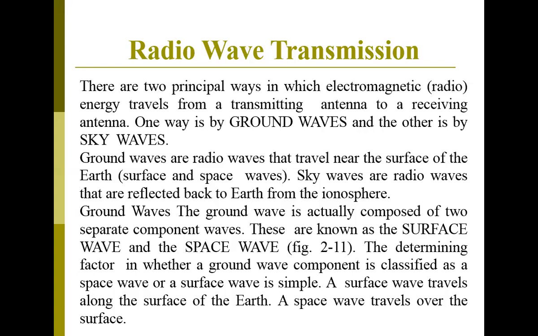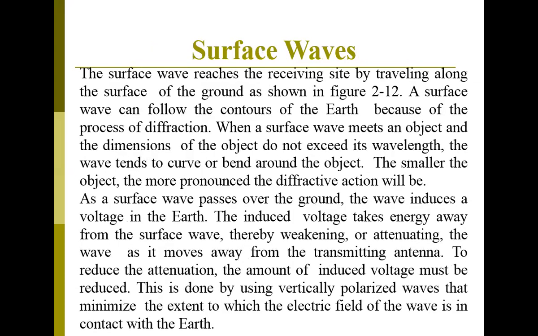We know that ground waves travel near the surface of Earth, and sky waves move in the sky. Surface waves reach the receiving side by traveling along the surface of the ground.